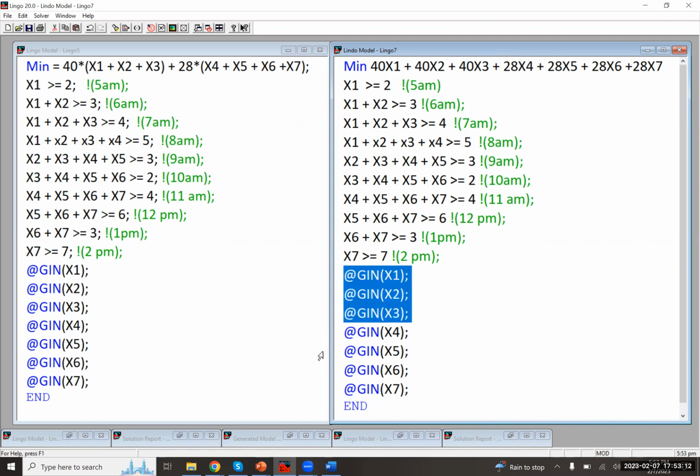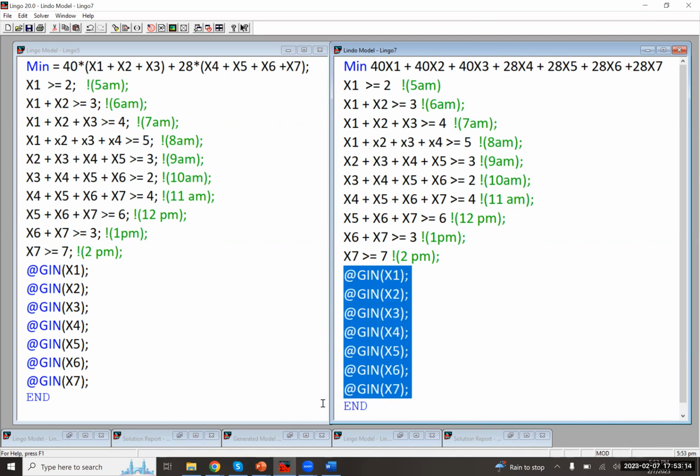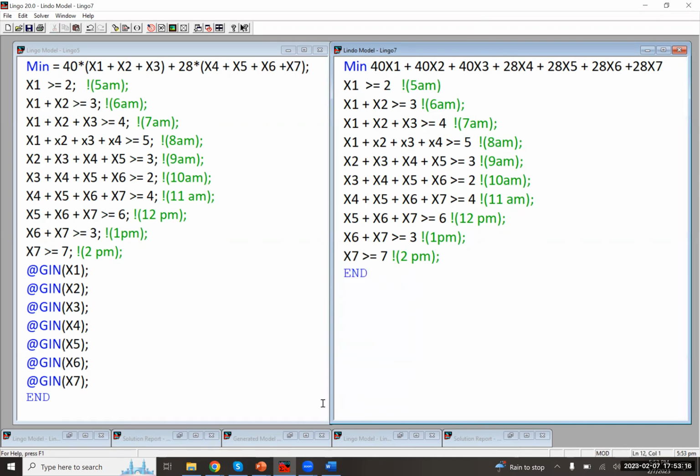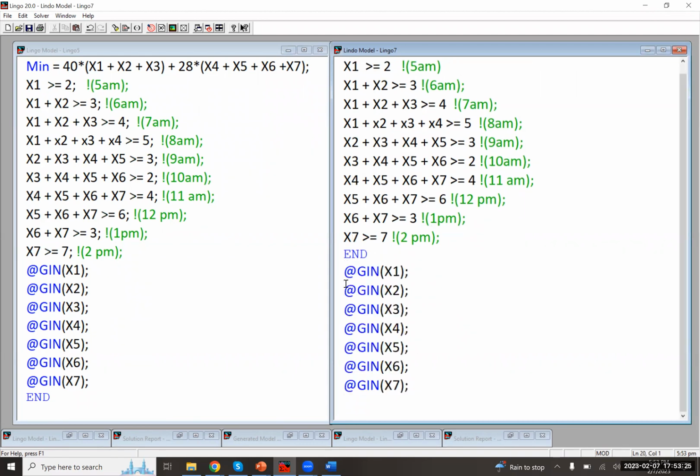And instead of the general integer restriction before the ending mark, in LINGO you need to put it after the ending mark, right? Like this. And the syntax is slightly different, right?